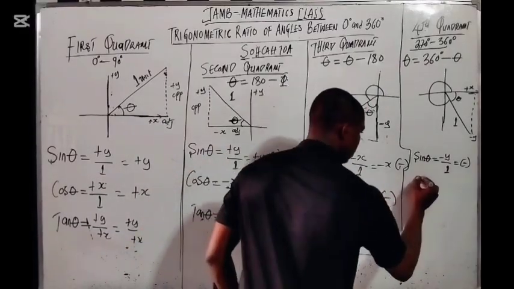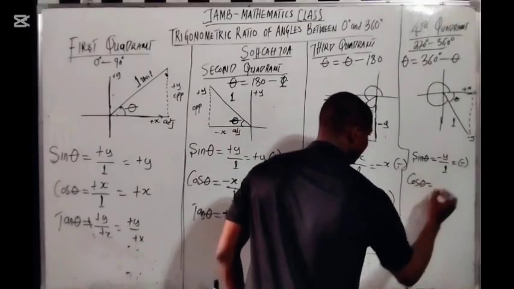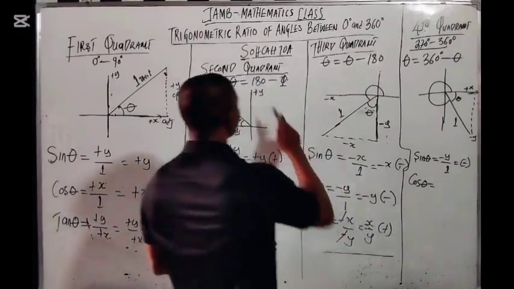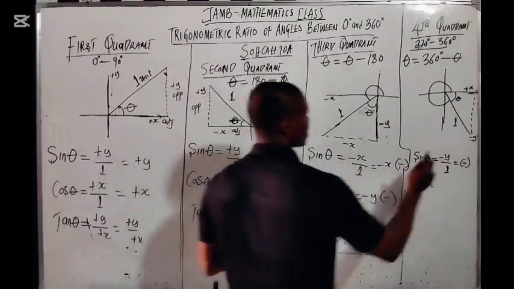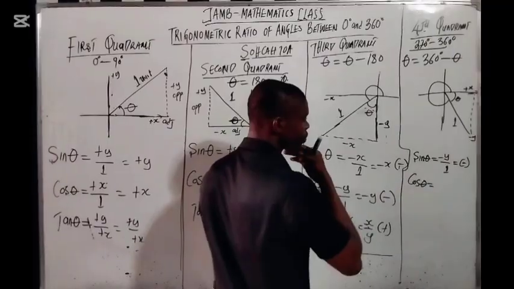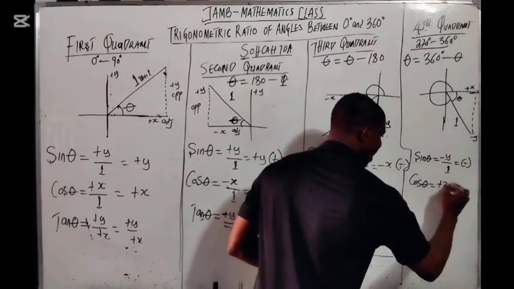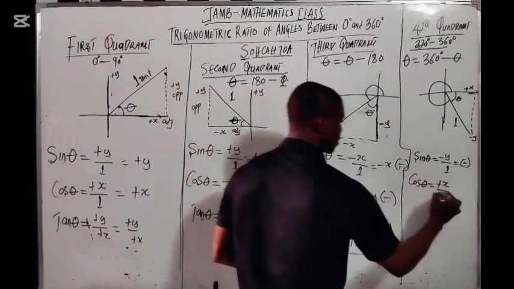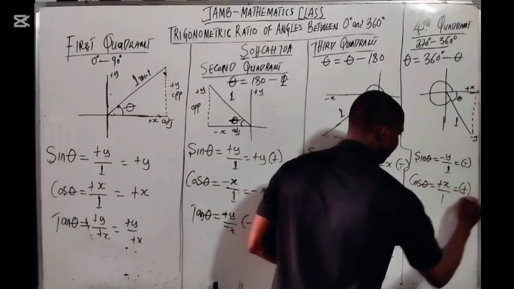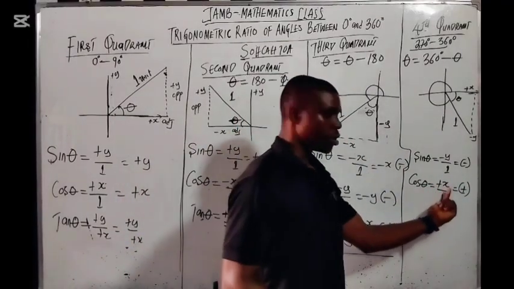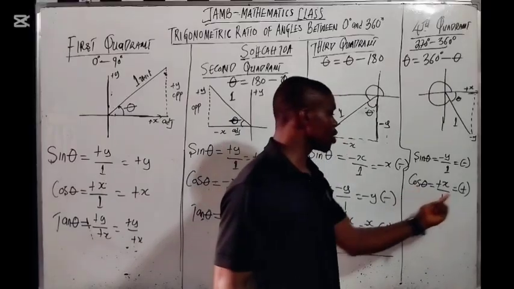Then look at cos theta. What is my cos theta? Adjacent over hypotenuse. My adjacent is plus x, so here we have plus x over my hypotenuse, which is 1. That is positive here. Hope you understand. So cos theta is positive here.